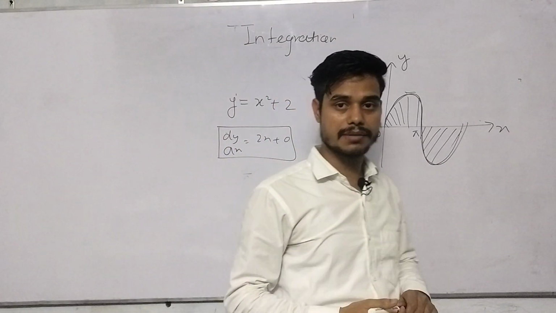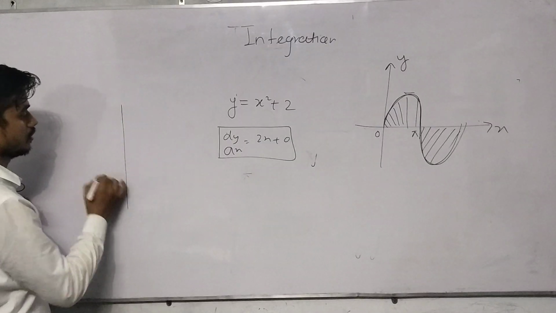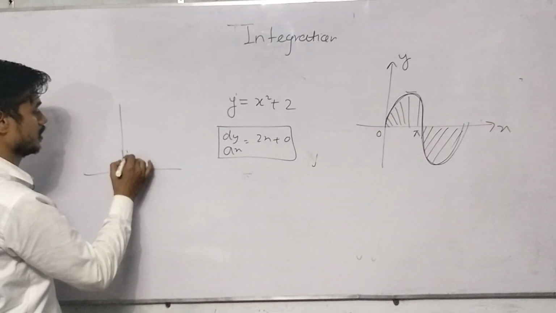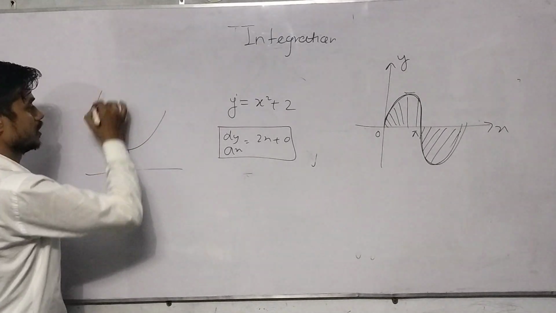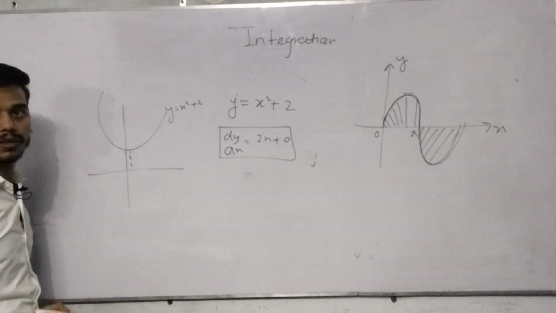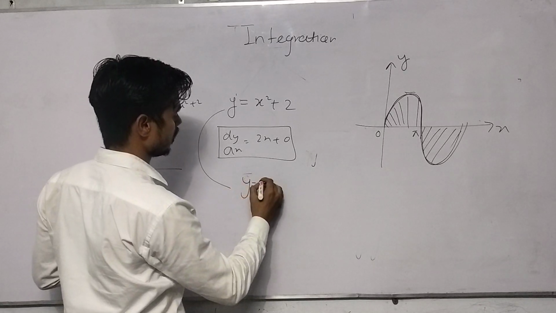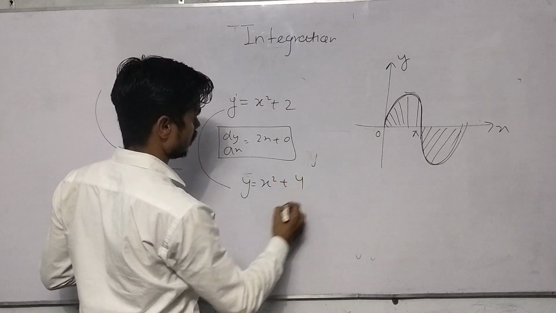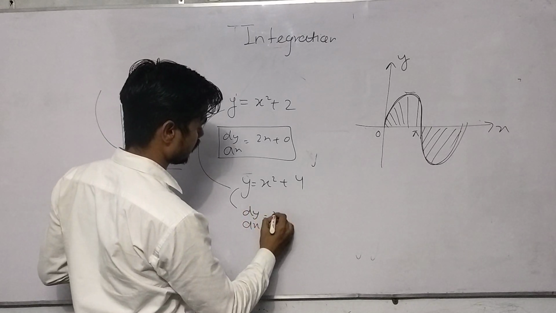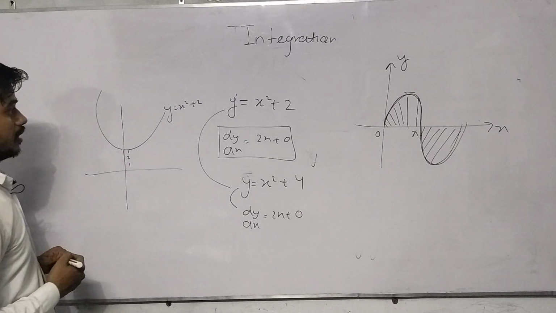When I plot this equation, you can see the curve will be shown here. Now when we take one more equation, like x square plus 4, the derivative of this equation will also be the same in both cases.